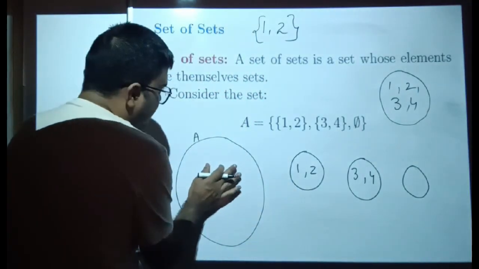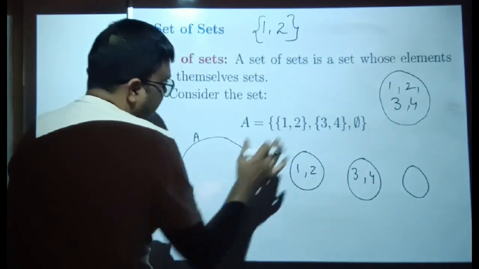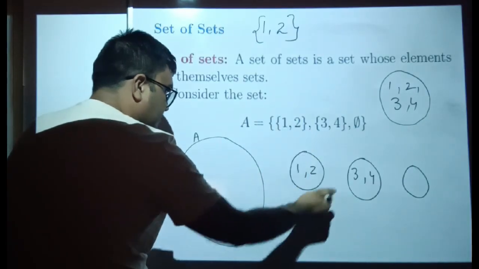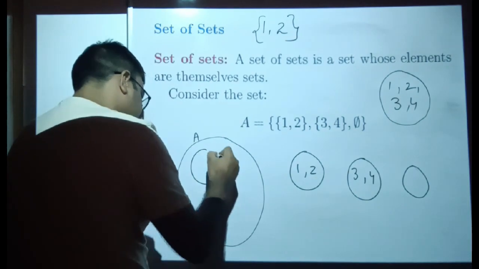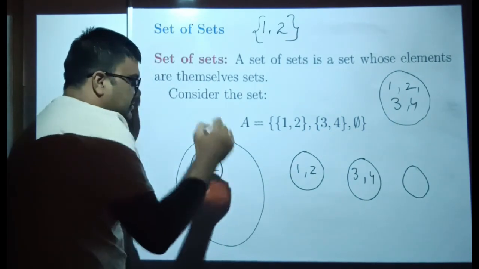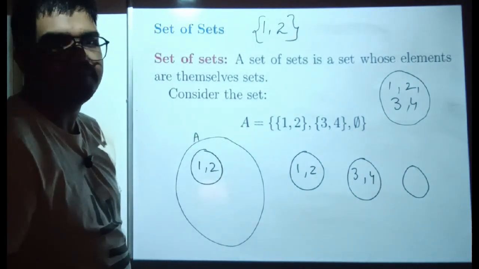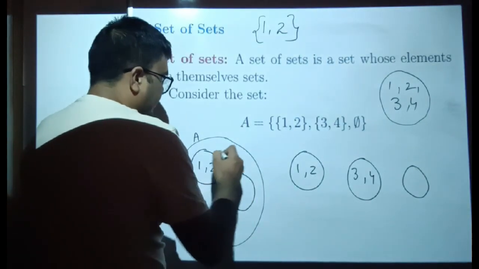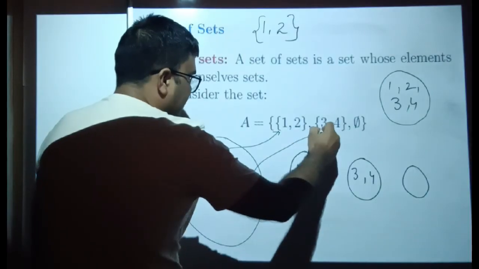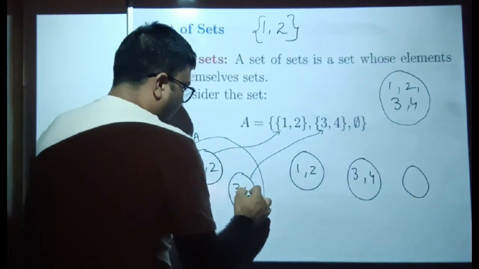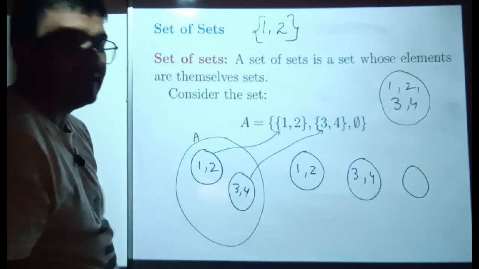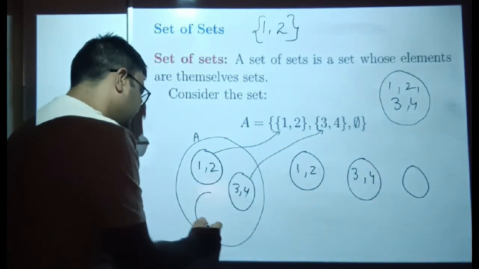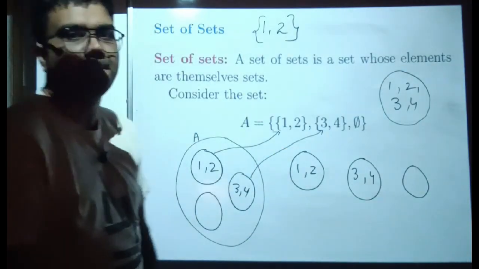Over here what we can see, A has the set {1, 2} in it. This is a set. A has a set which has elements 1 and 2 in it. A has a set which has elements 3, 4 in it, and A has a set which has no element in it.